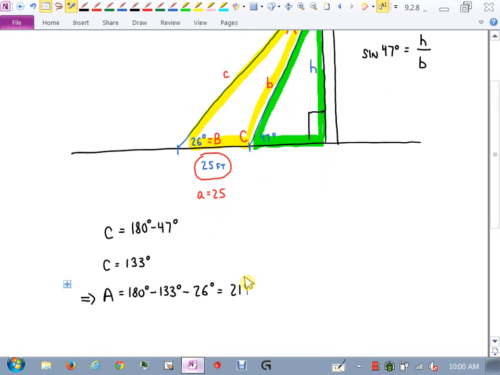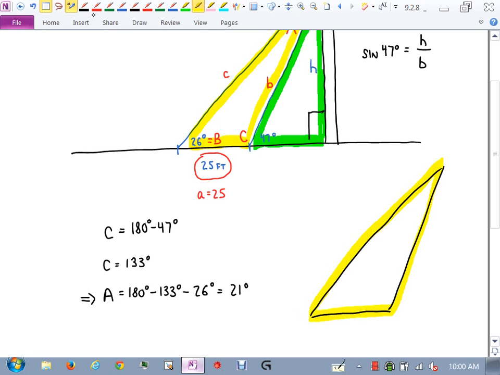So what I'm going to do is take a moment real quick. I'm going to draw this triangle out just so we all see it. Let me go bigger with that. This is my yellow triangle. I have 25 feet here, which was little a.